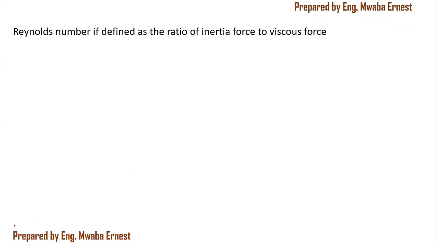The definition of Reynolds number according to the question is the inertial force over the viscous force. Now what do we do with the two? Since we have these, all we need is to put the formula for this, put the formula for that, and simplify.